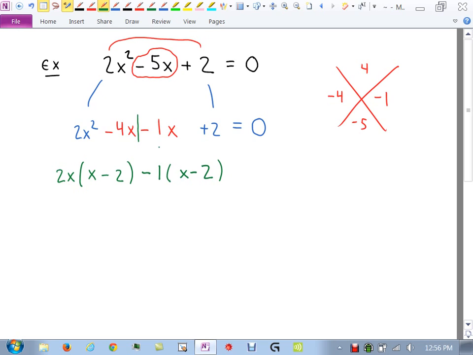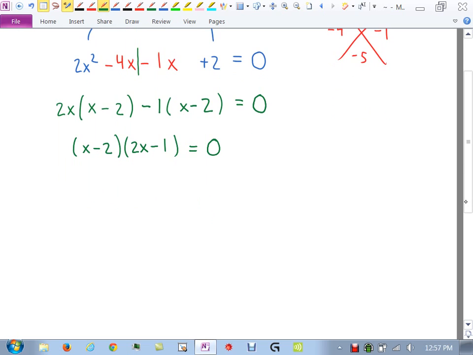And let me just double check that that works. Negative 1 times x gives me negative x. Negative 1 times negative 2 gives me positive 2. So that should work. Equals 0, right? Now the left side becomes x minus 2 times, in parentheses, 2x minus 1, equals 0, right?